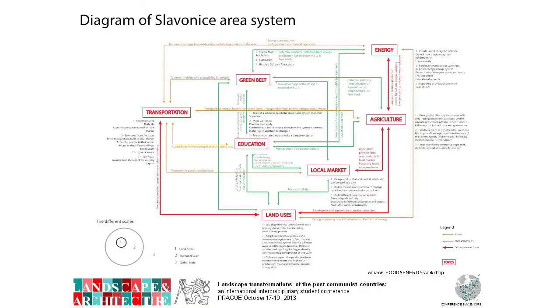This is just an example: one of the outputs was outlining the whole system in that area that incorporates a food system, energy system, transportation, and infrastructure, and the students were trying to look for the most important relationships and to find the weak and the strong aspects of this rural system situated on the border.